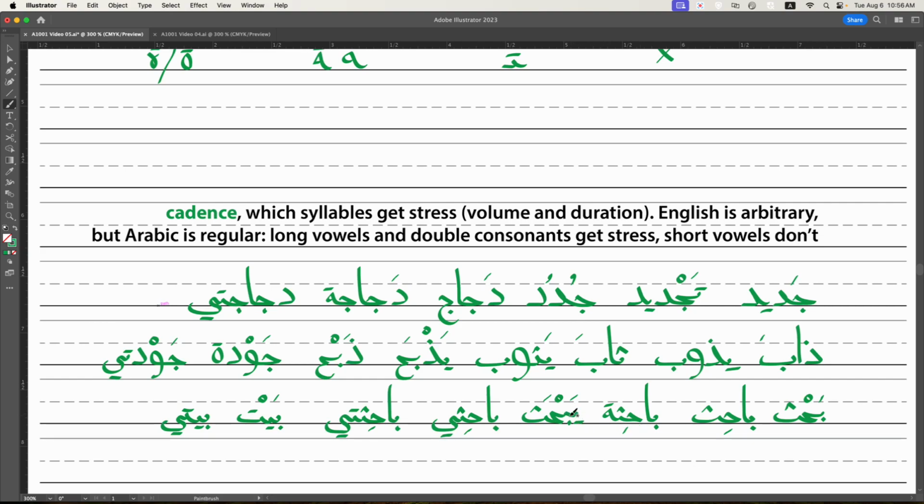So this is a verb, yabhath. So again, sukun means no vowel sound in between them. Yabhath, yabhath. And this means he looks for or he searches for something. Now, if this researcher over here, this bahith, belongs to me, of course not in the actual sense of belonging, but I'm paying them to do something, then they become bahithi.